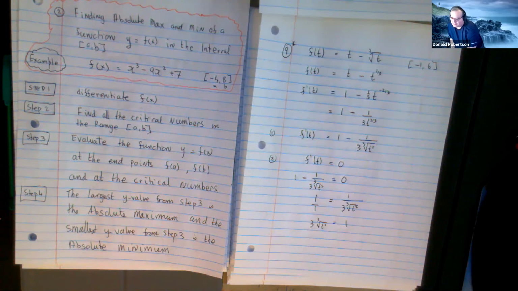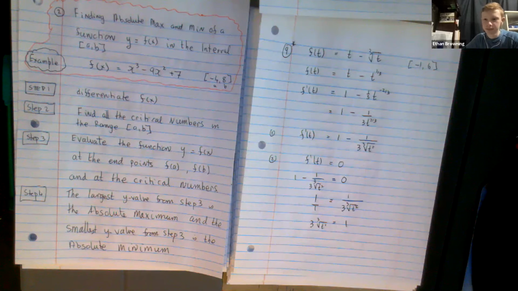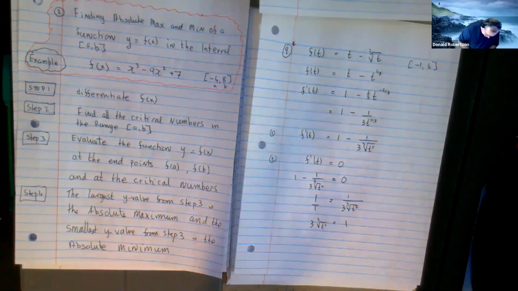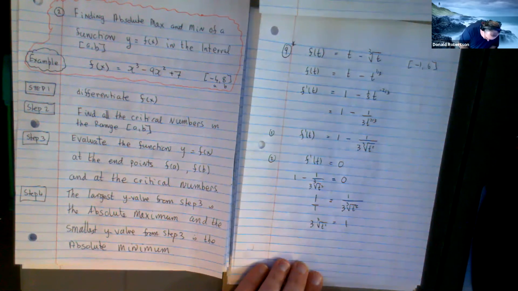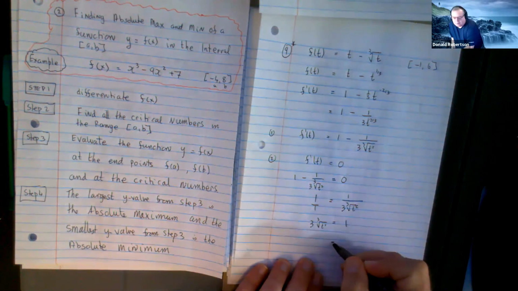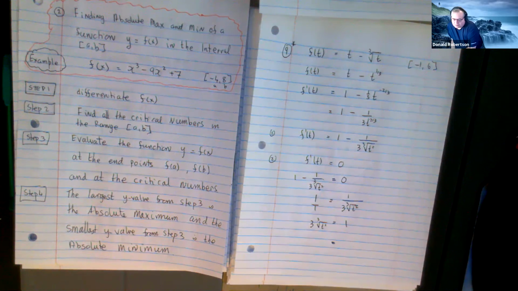Ethan, is that what you ended up with if you went your route? Yes, I believe so. I think I didn't work that out. But I think that's what you would get, right? I mean, it would. Okay, looks good to me. Right. What do I do to both sides now?